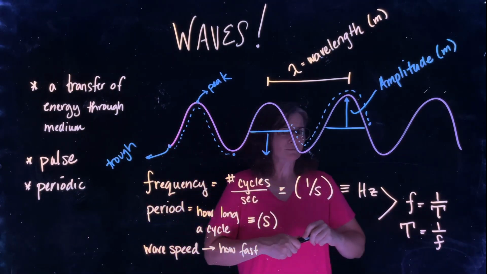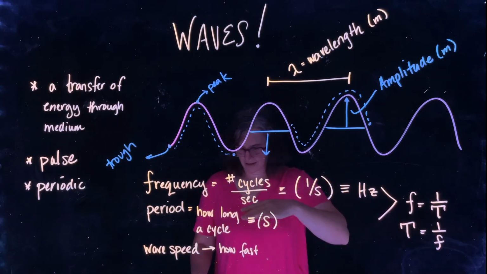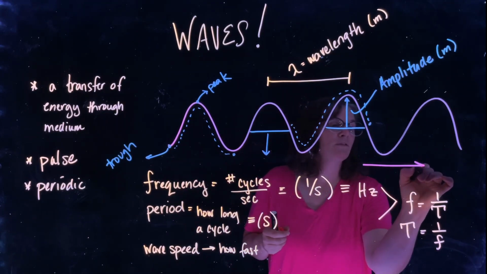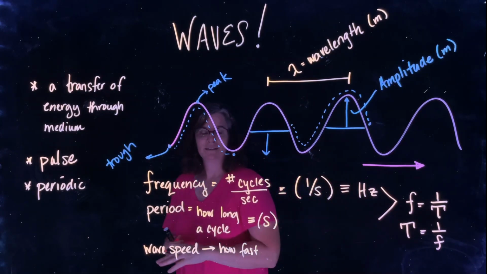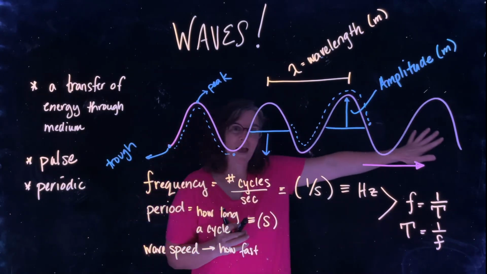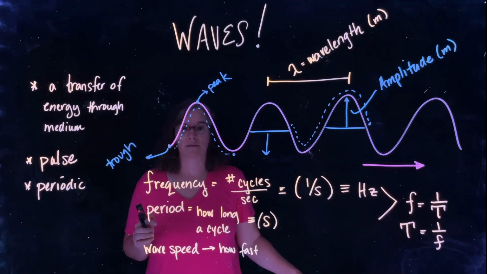Now, what do we mean by how fast? I don't mean how up and down it's going, but remember, this wave is moving in an outward direction. Let's say this is the source. So it's moving away. Wave speed is how fast it is moving away from us, linearly.